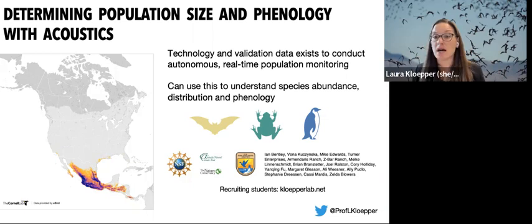Theoretically, it should, but the reason why we haven't been able to put this into practice is that we need a recording, but we also need to know exactly how many animals are there for that ground truthing. And it's that ground truthing that really is the crux of how to estimate if this is valuable. I want to make very clear that there's absolutely going to be situations in which this doesn't work.